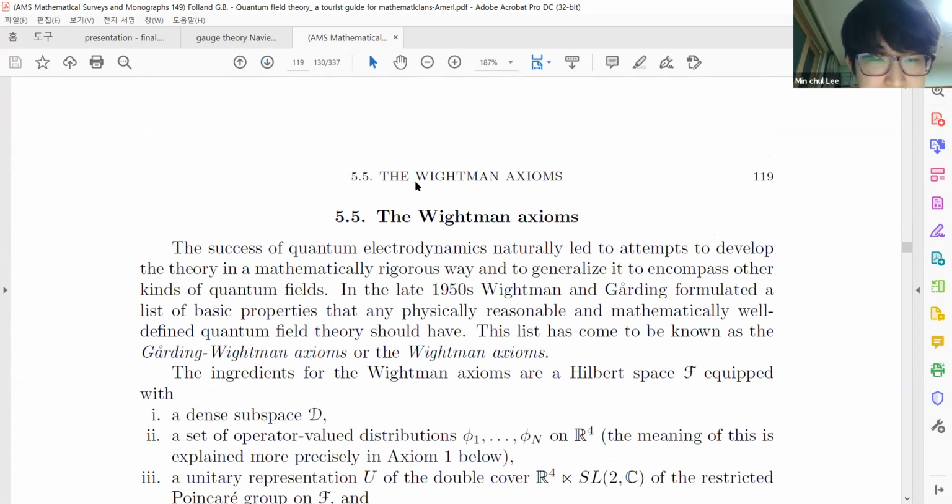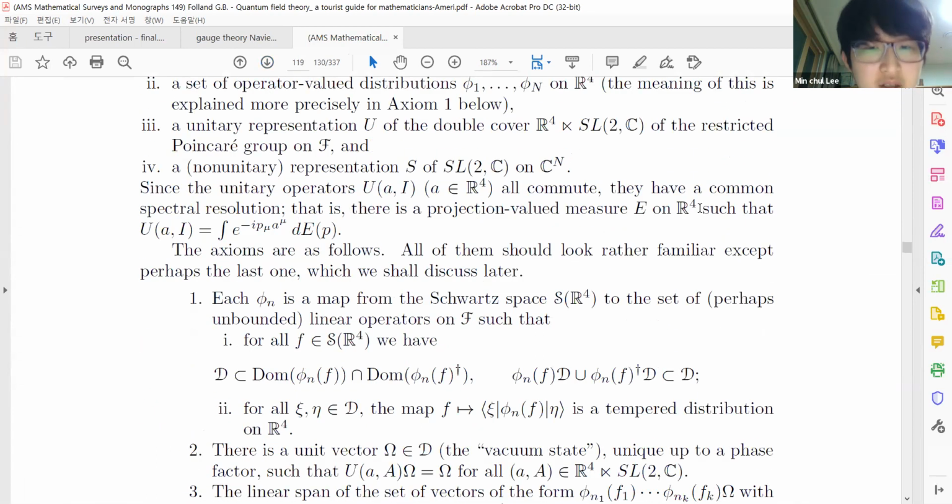Here. This is the definition of operator value distribution on R4.